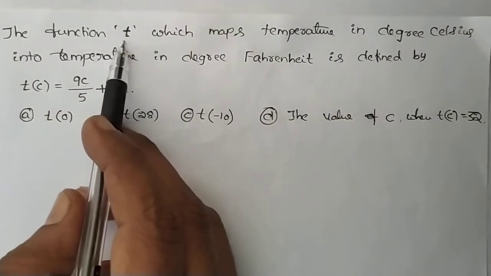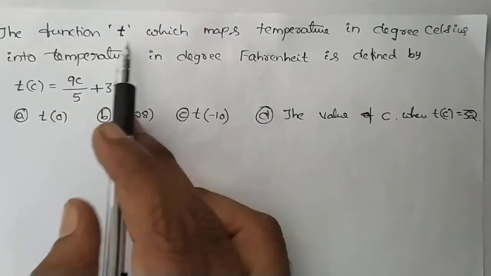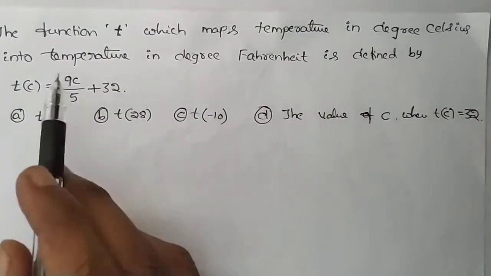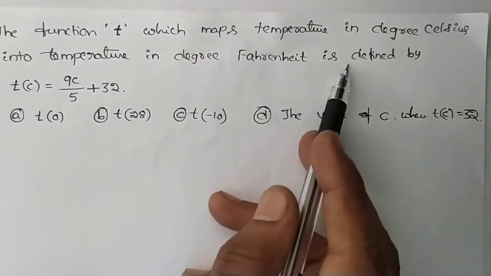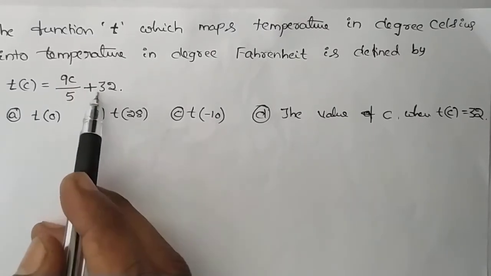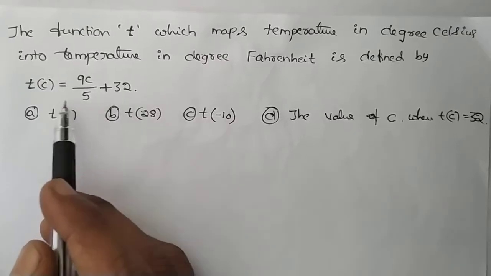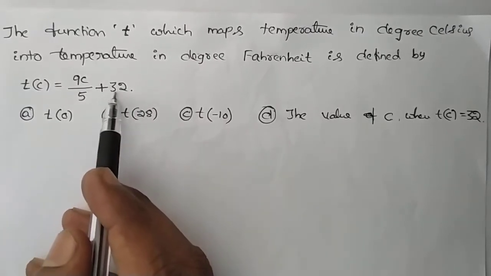The function T, which maps temperature in degree Celsius into temperature in degree Fahrenheit, is defined by T of C equals 9C divided by 5 plus 32.